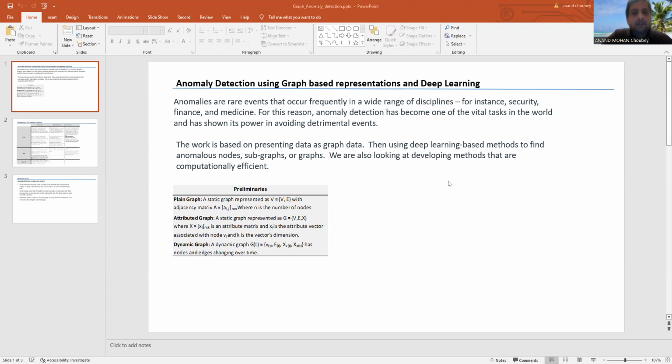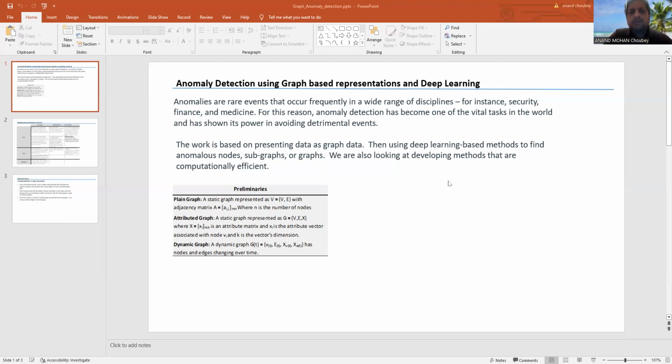Some preliminaries about graph data. This is the following taxonomy that we would follow in the research. We have plain graphs, and they are static graphs, meaning as time passes, the number of nodes and edges are not changing, and they are represented by a set V of n nodes and edges.